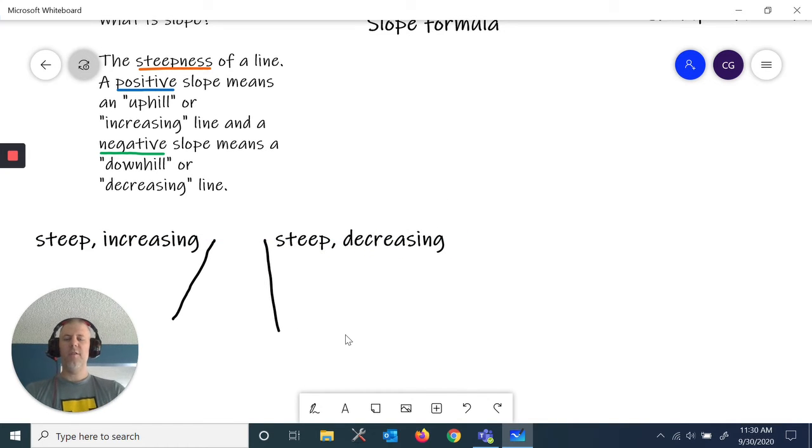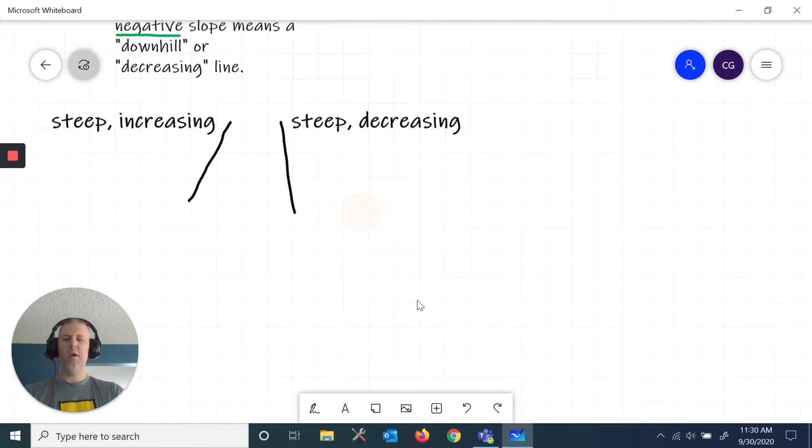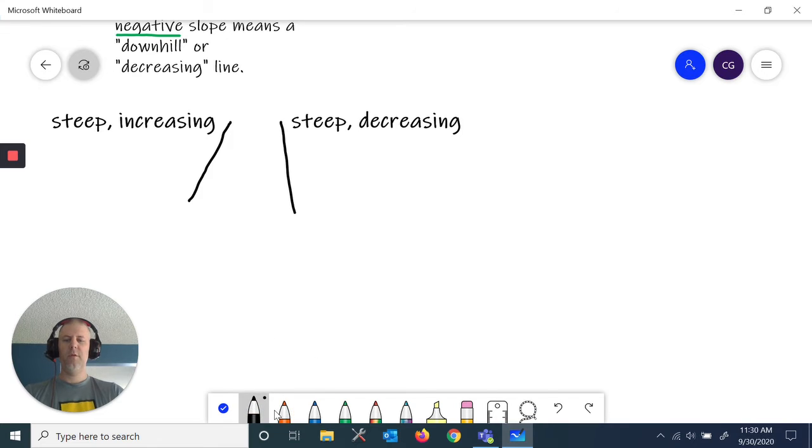And if we want to look at some more examples of slope that are not so steep, so there's a not very steep line. There's a line that is not very steep and increasing. And here's a line that's not very steep, except for that last little bit, and decreasing.